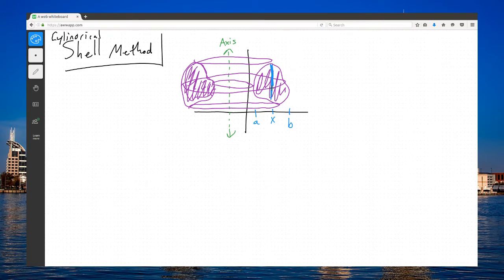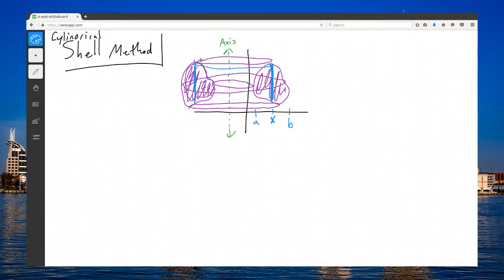And when doing either the washer or the cylindrical shell method, it's always nice to draw this vertical line segment above your picked x or y value. The reason we want to draw that is we want to consider what would happen if that line segment was rotated around the axis by itself. So it has its partner over here.